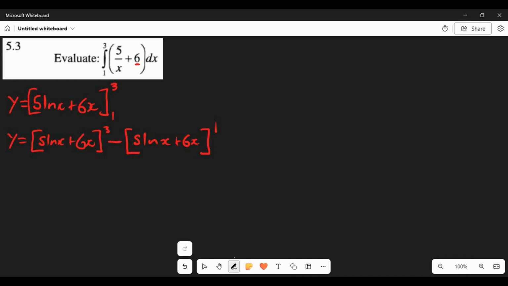So from here, we start substituting. So wherever there is x, we substitute with the limit. So for the first bracket, we want to substitute x with the upper limit. So we're going to have 5 natural log, then we say 3 plus 6 multiplied by 3. That is our upper limit. The second bracket is going to be 5 natural log, then we substitute the lower limit, which is 1, plus 6 multiplied by 1.